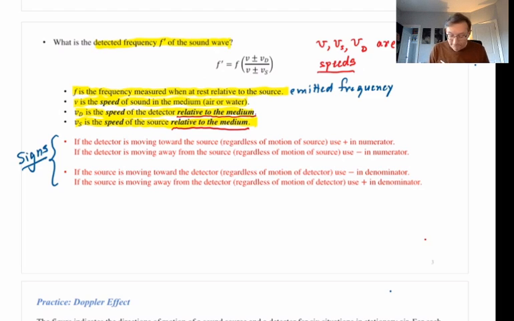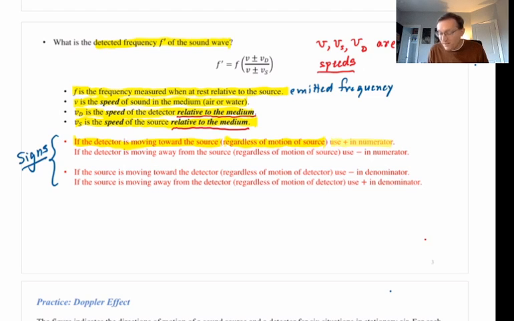First, the numerator. The sign in the numerator is all about what the detector is doing. And here's what it says, looking at the first red bullet. If the detector is moving toward the source, regardless of the motion of the source, remember, motion towards wants the frequency to go up, so choose the sign in the numerator that makes the frequency bigger.